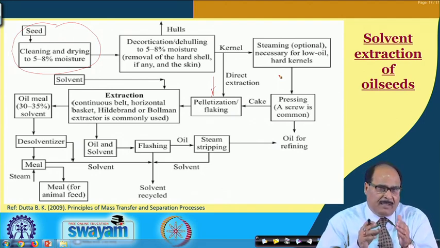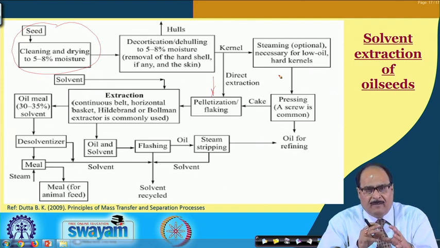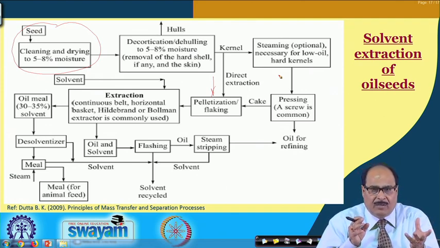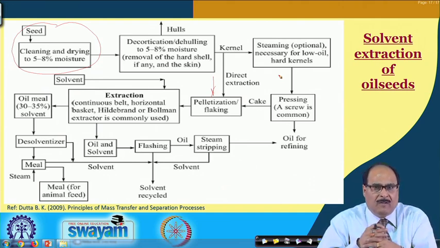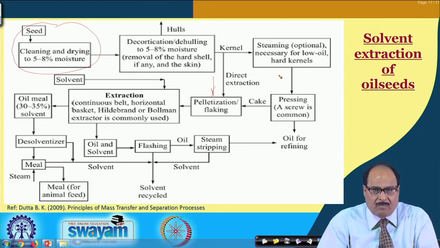In fact, at present in most cases it is used for animal feed, but it has a great potential, as we have seen in the earlier class, in the texturization of plant protein, where defatted soya meal obtained from the oil milling industries is used for preparation of meat analogs or meat extenders.